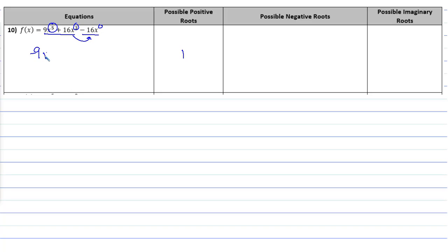So negative 9x to the 5th, and then 16x cubed minus plus 16x. And so when I'm looking at sign changes, I go from negative to positive, so I have one sign change. So 1.